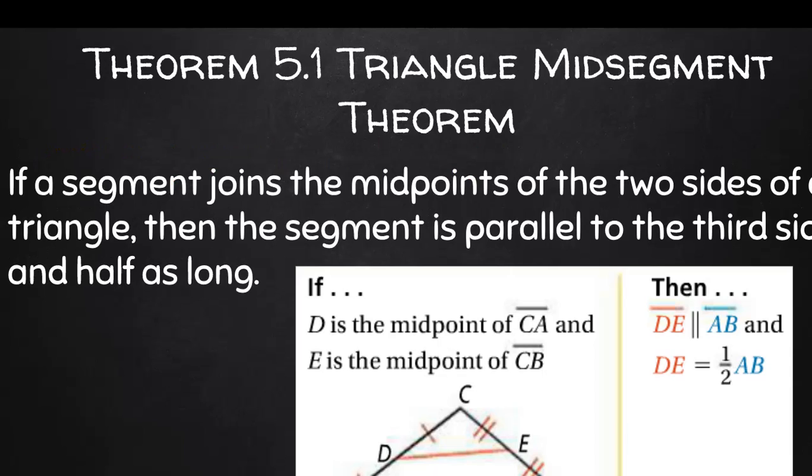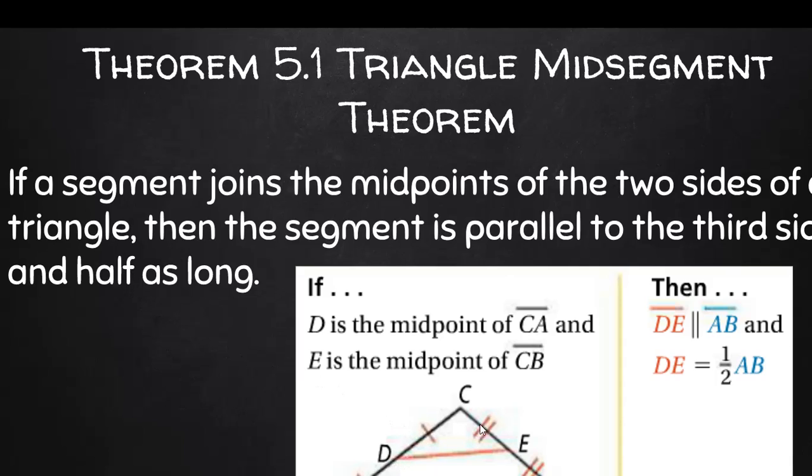In Theorem 5.1, the Triangle Midsegment Theorem, if a segment joins the midpoints of two sides of a triangle, as it does here in D and E, then the segment is parallel to the third side and half as long. If we look here, we can see that D is a midpoint of CA because the two parts are marked congruent.